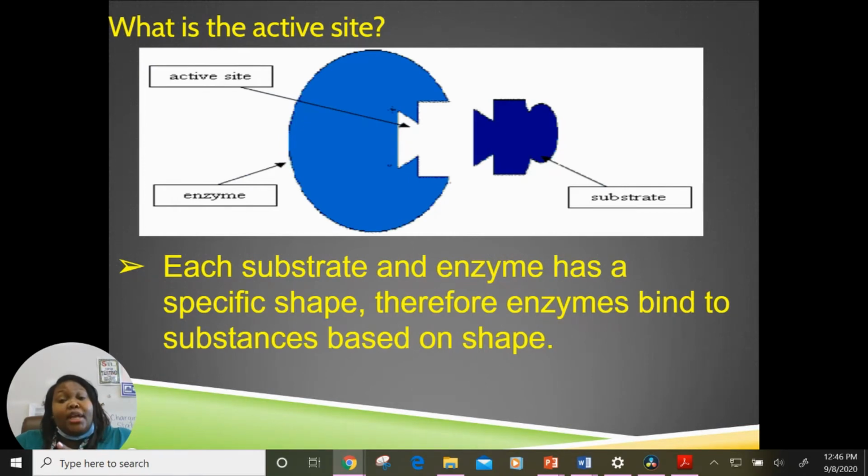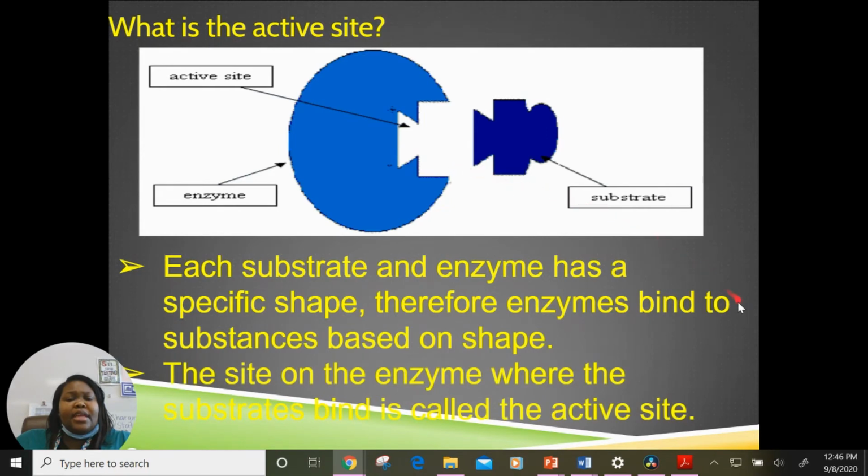It's based on shape, okay? If you look at the picture, you'll see that the active site has a shape that is complementary, or goes with the substrate. So these shapes are complementary. The site where that substrate will bind to the enzyme is called the active site.